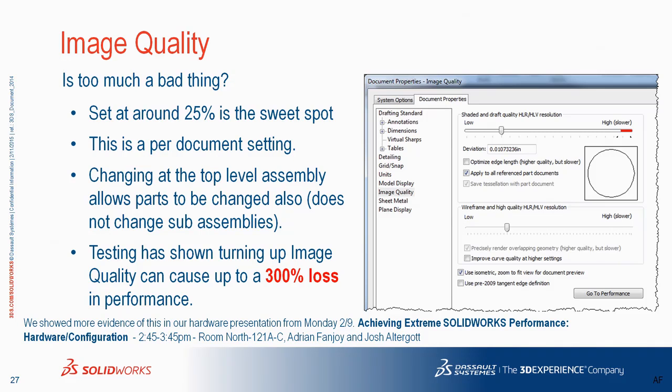This is an exponential adjustment. As you go across, it's almost linear until you get to the 90% mark, and then it goes up like a rocket, and you end up with a 300% or more loss in performance. Now that's if you include modeling and the graphics manipulation together in a time-based study.